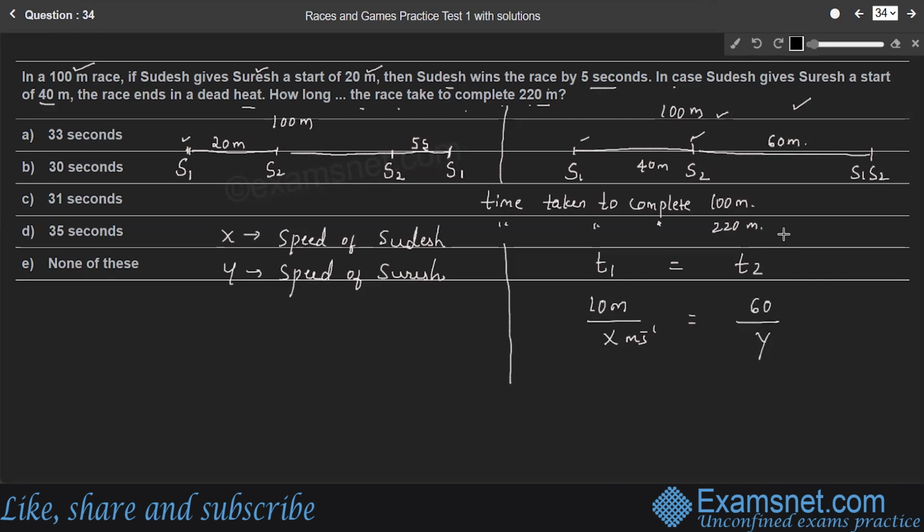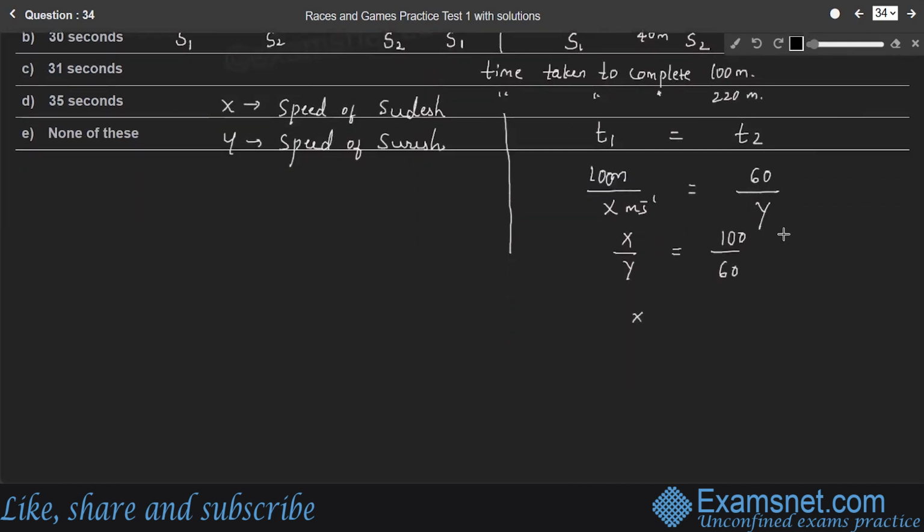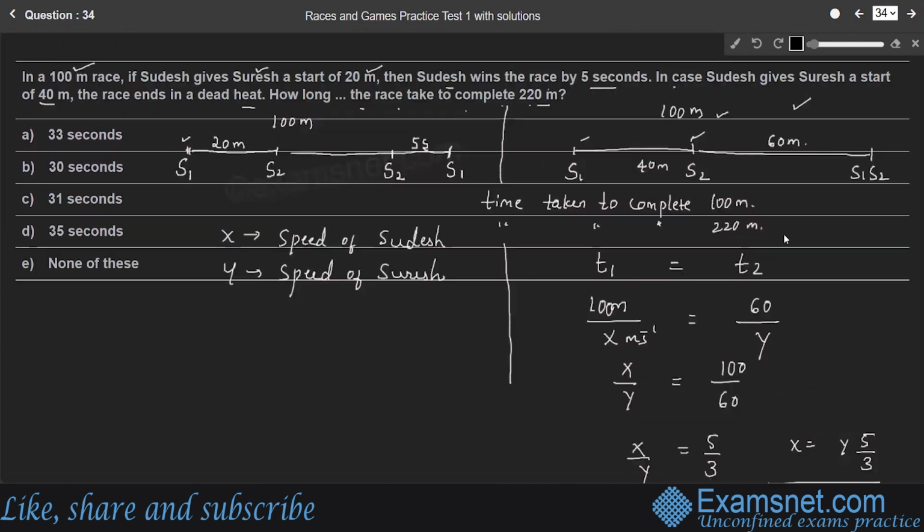That means the x to y ratio is 100 by 60. It is not 10 meters, it is 100 meters. 100 by 60, that means the x to y ratio is 20 into 5, 20 into 3, so 5 is to 3. Or you can write x as y into 5 by 3. Both are the same.